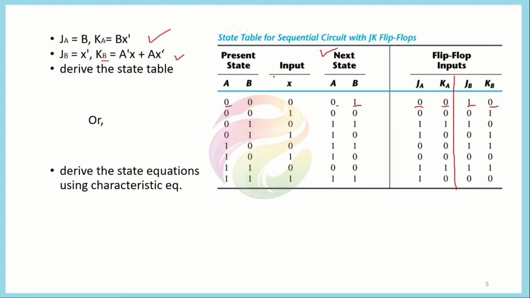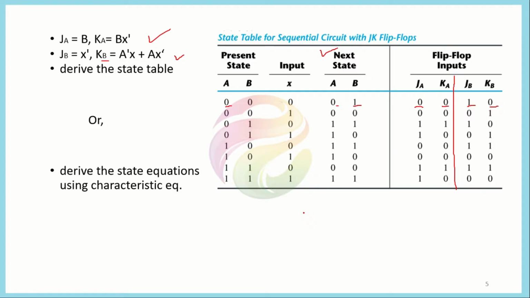In this manner, depending upon the values of the present states and the input value, we calculate the values of JA, KA, JB and KB, and from these values we calculate the next states. We first calculate the inputs of the flip-flops, and then from those inputs we calculate the next states of the system.